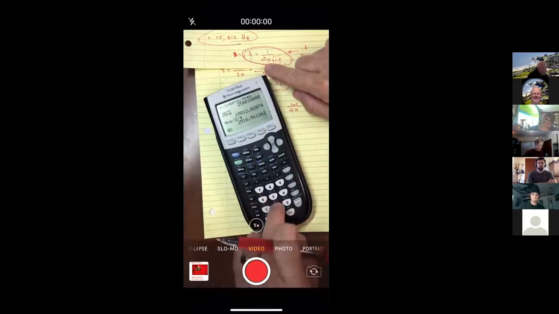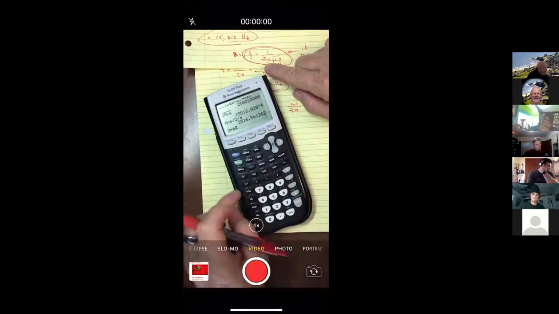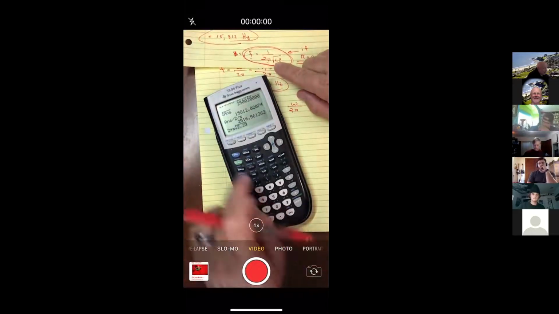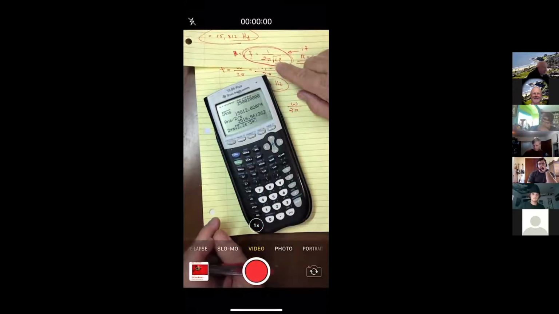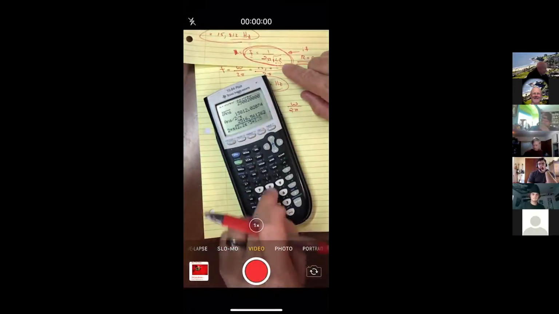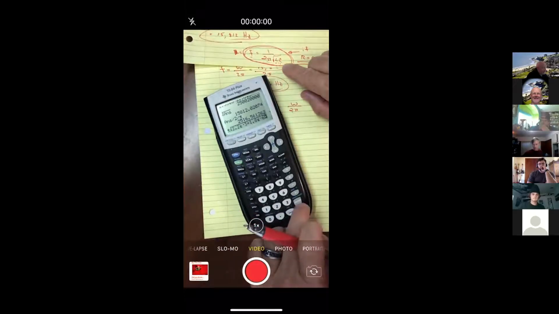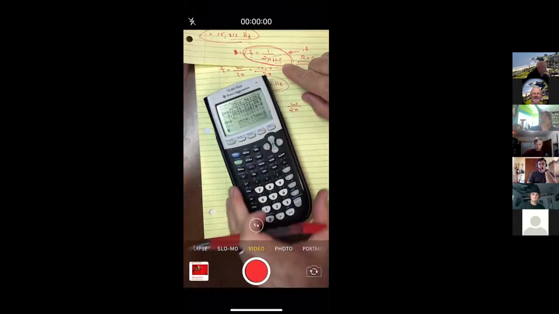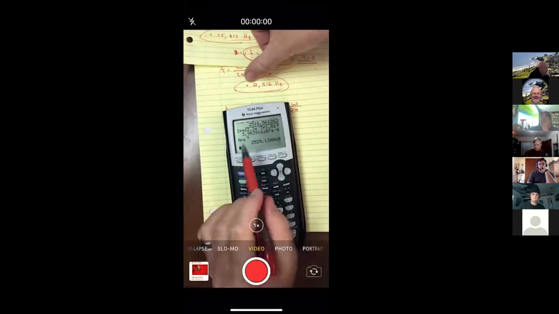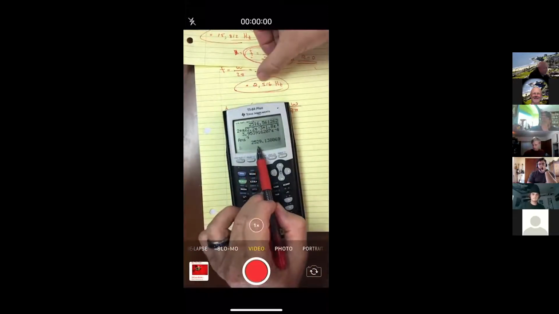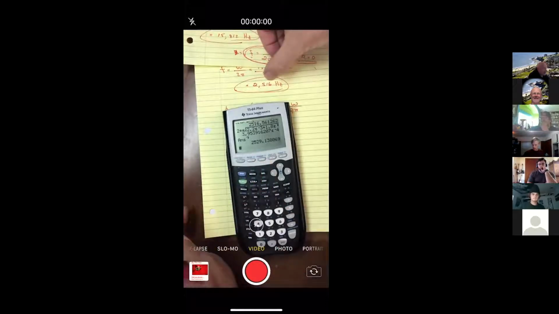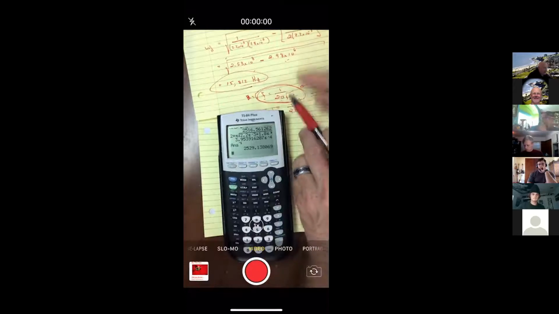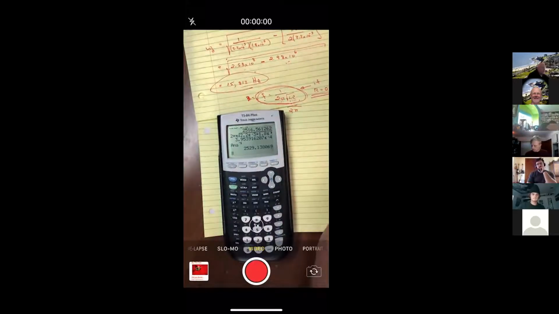If I go 2 times pi times the square root of L, which is 2.2 times 10 to the negative 3, and then C, which is 1.8 times 10 to the negative 6, and now I take the reciprocal of all of that. Yeah, really close. 2,500, and I get 29 instead of 16. So this is off a little bit because it didn't include the resistance.